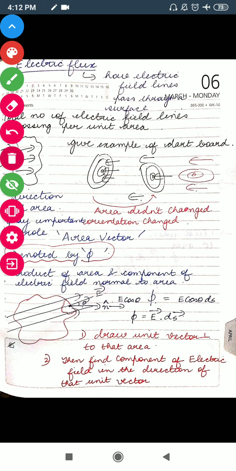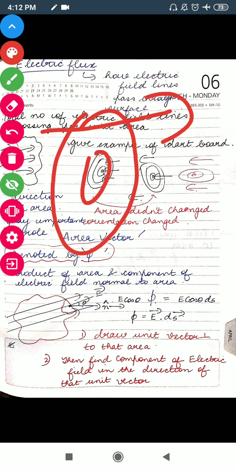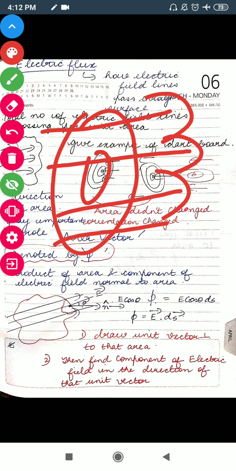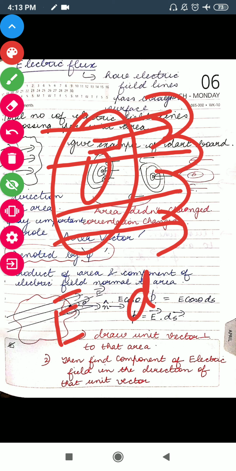I will explain with the help of an example. For example, if the direction of electric field is like this, and I need to draw the area vector, then the area vector will also be like this, because it is nothing but perpendicular to the area. It means both the electric field and the area vector are in the same direction.